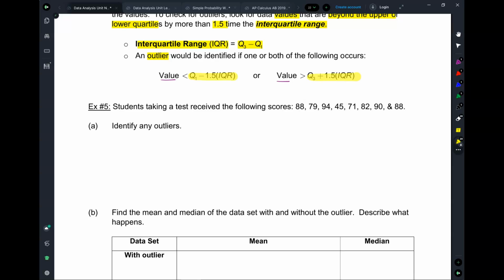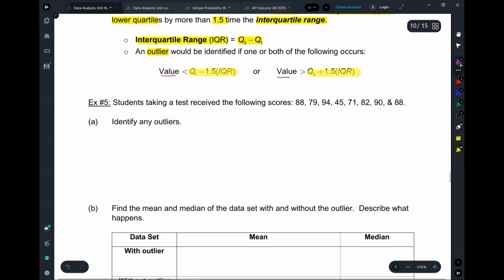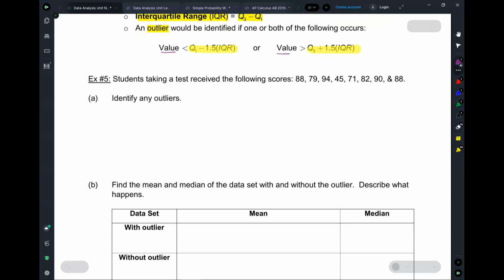All right, so let's take a look and see if there are any outliers here. Let's sort this data. It's 45, 71, 79, 82, 88, 88, 90, 94. How many total?